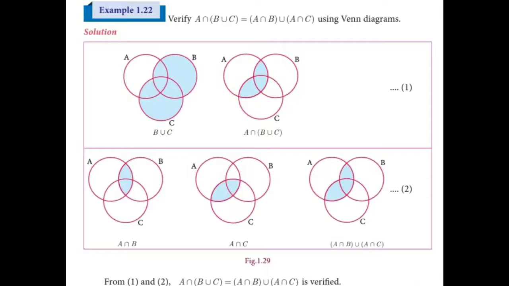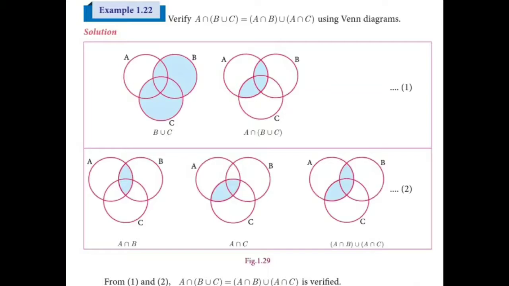Then A intersection (B union C) is the common part of set A and B union C. We know this is (A intersection B) union (A intersection C). So adding A intersection B and A intersection C, that is equation number 1.